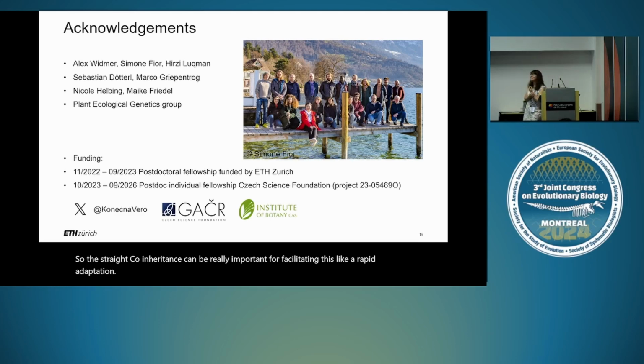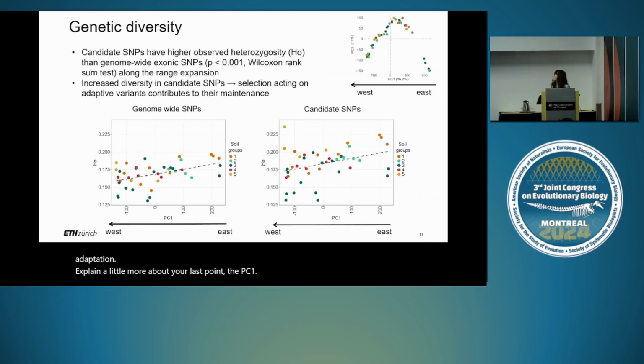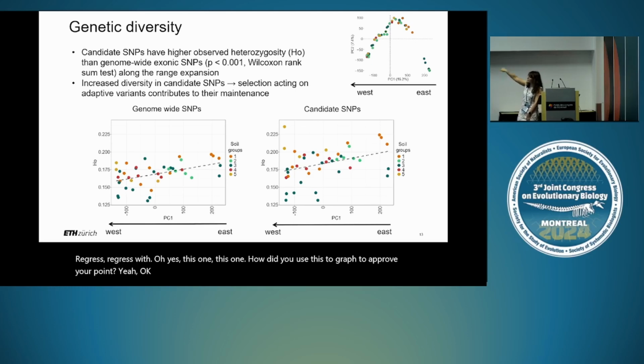Could you say a little more about your last point? How did you use this graph, the PC1 regression, to support your point? Yeah, okay, so as I mentioned at the beginning, the PC based on the genetic data mirrors the geography, so I picked the principal components for each population and aligned them in those two graphs.